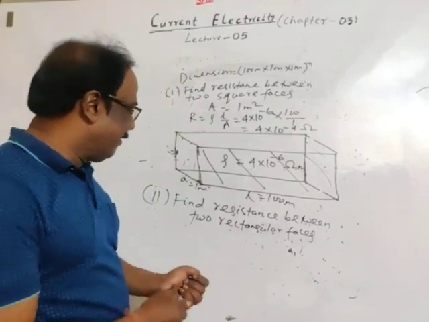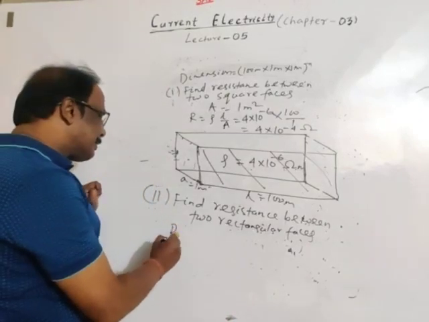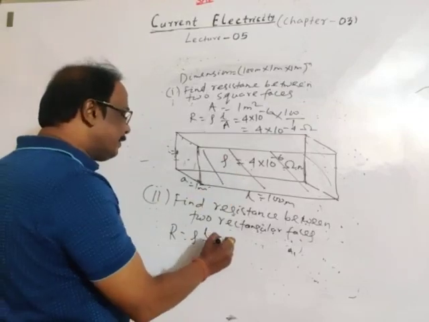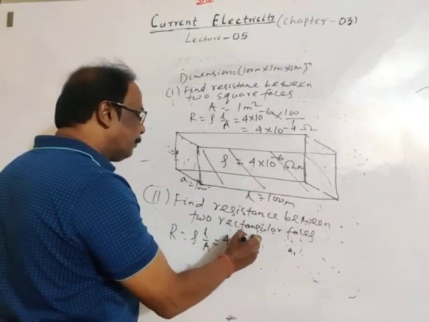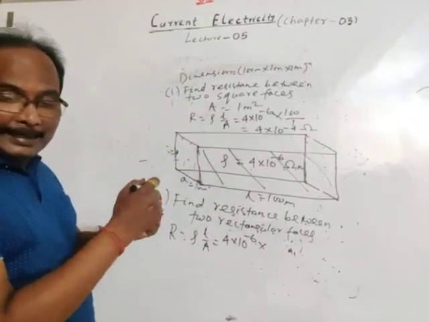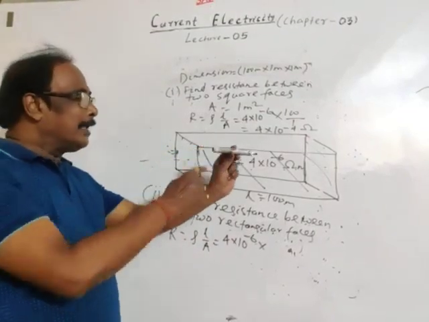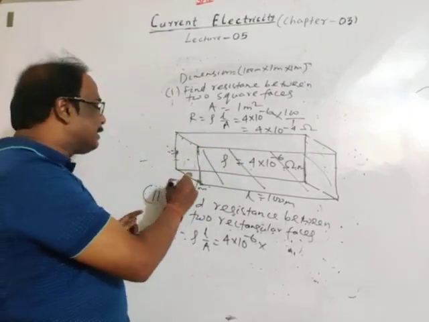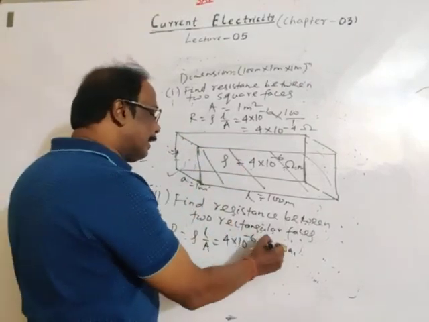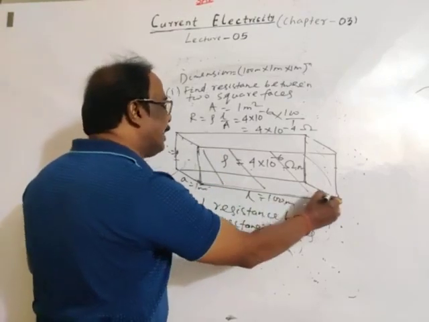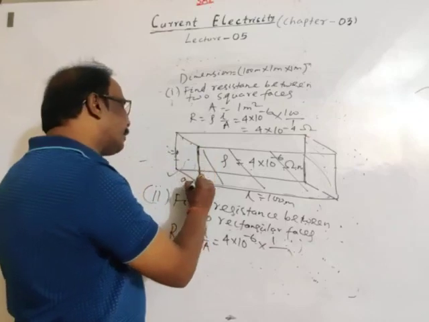Then resistance is rho L by A. Rho is given as 4 into 10 to the power minus 6. Here L is the thickness. If the rectangular shape is like this, then this is the thickness. Here the thickness is 1, meaning the length is 1 meter. For the area of cross-section, this is length and this is breadth.